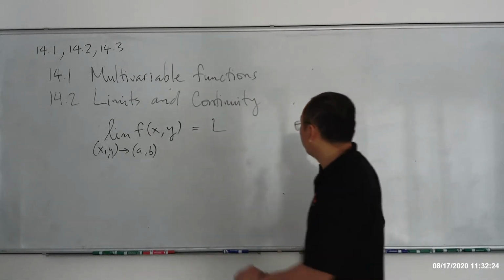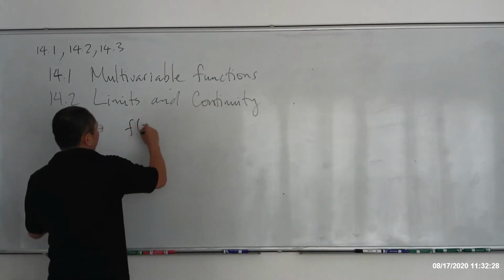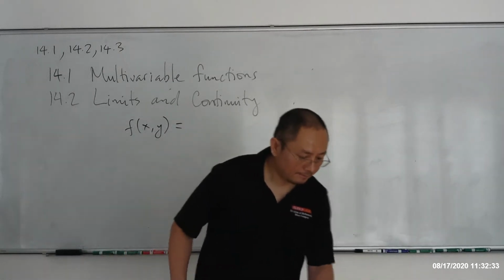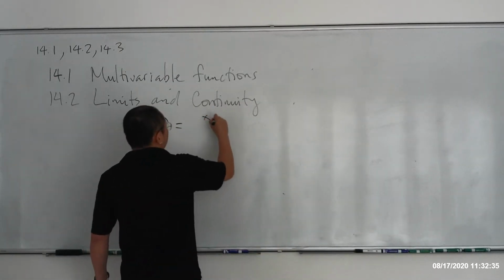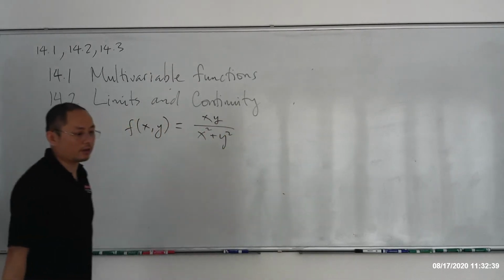Okay, so your function f of x comma y is equal to xy over x squared plus y squared, right? It's a two-variable function.